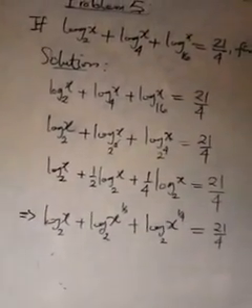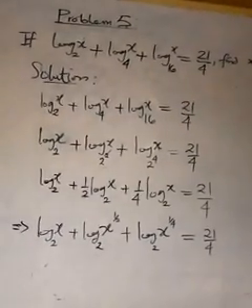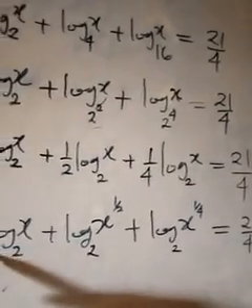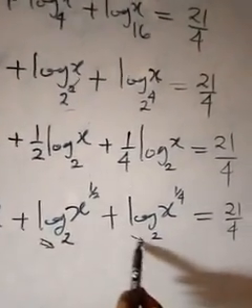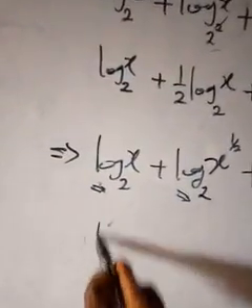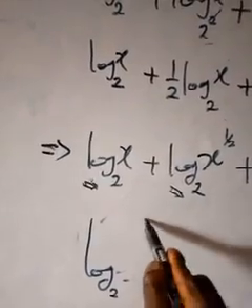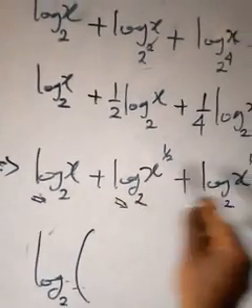Then we now look at the law of product, that is equal to addition of separate logarithms, which means that if you look at the base, you can see that all the numbers are in the same base. So you can decide to pick log to base 2, then open a bracket that can accommodate this and this and this.